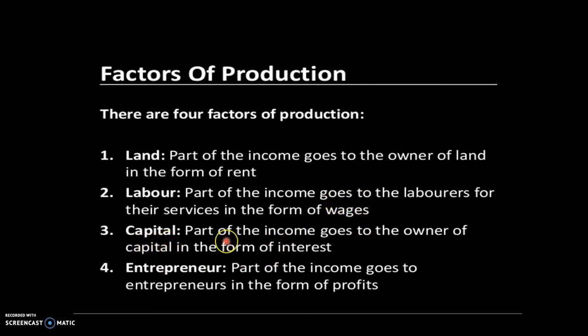Then capital. A part of the income goes to the owner of the capital in the form of interest. Then the entrepreneur. A part of the income goes to the entrepreneurs in the form of profits. Okay, the entrepreneur will get profit.